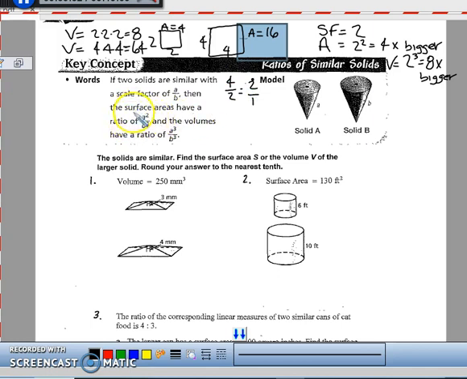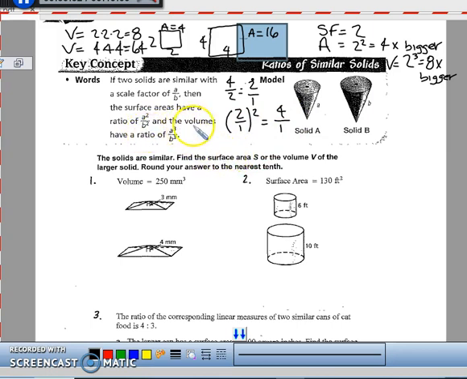Okay, we'll reduce it. Then it says the surface areas have a ratio of A squared over B squared. So the ratio of the surface area, which would just be one side like I did here with the area, they're telling you that would be 2 over 1 squared, which is 4 over 1. 2 squared is 4, and 1 squared is 1.